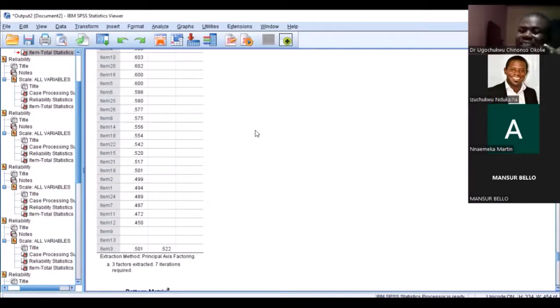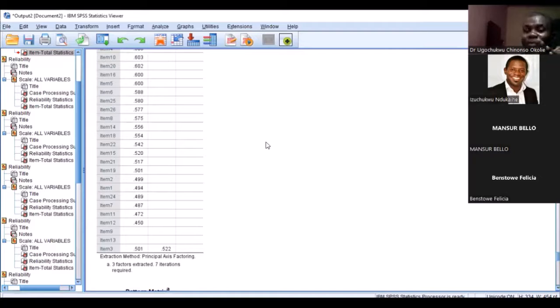Exploratory factor analysis is when you have developed the scale yourself, either from interviews you have conducted, or from a qualitative study you have done, developing these items from the responses of the participants, or from reviewing the literature and previous studies.